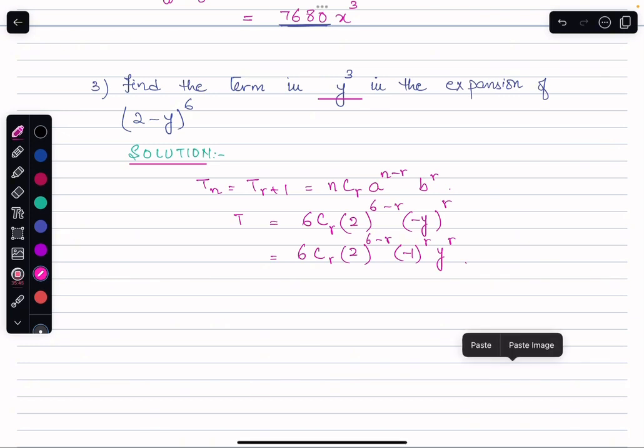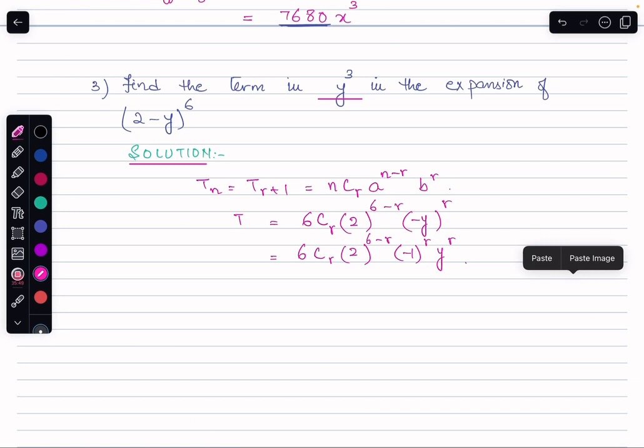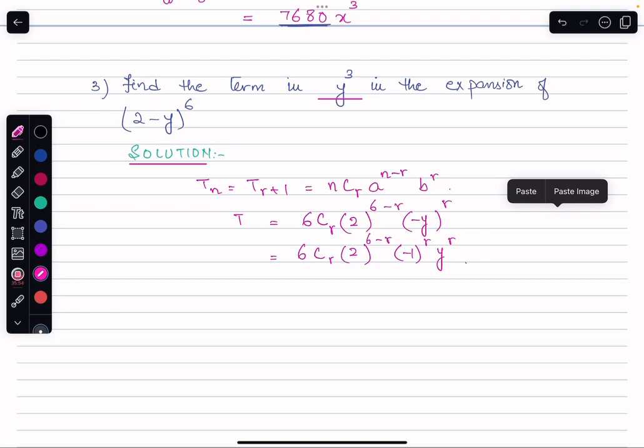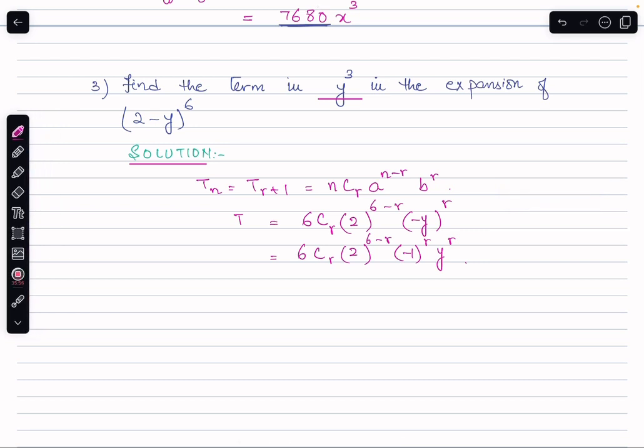So it's y to the power r, and y is the variable, and the question is asking only for y cube. Therefore, I know that my restriction should be 3. So it is going to be T4, because we know that it is Tr plus 1, so this needs to be 3 plus 1, giving me the fourth term here.